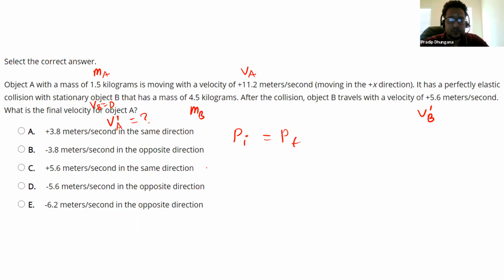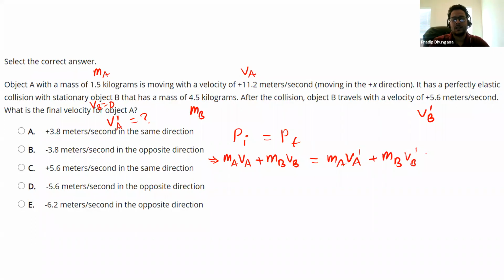So let's find total initial momentum: mass of object A times velocity of object A, and then mass of object B times velocity of object B before collision. Similarly, after collision, mass of object A, velocity of object A, mass of object B, velocity of object B after the collision. Now let's substitute those values and calculate final velocity of object A.